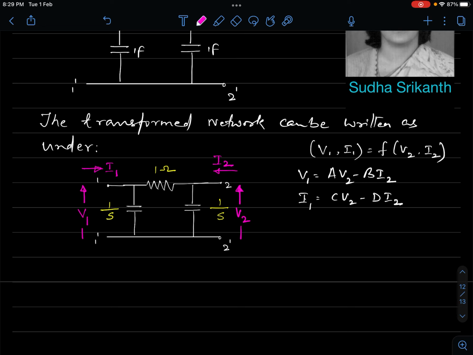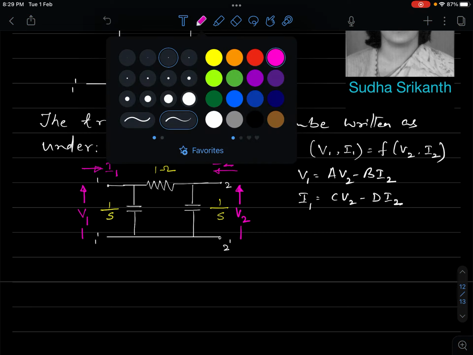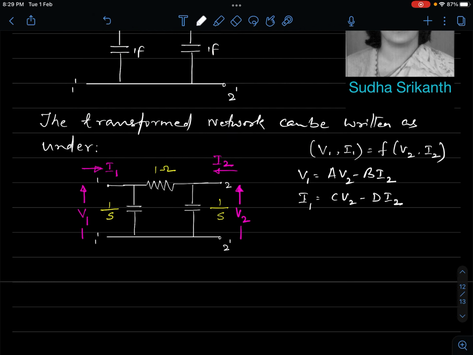They are positive currents. Having written this much, if you want to determine ABCD parameters, the problem says determine transmission parameters. Transmission parameters are nothing but ABCD parameters. If you want to determine ABCD, obviously from these two equations, if we call them 1 and 2, if we can make I2 0, then we will be able to determine A and C from equations 1 and 2 as a ratio of V1 to V2 and I1 to V2 respectively.